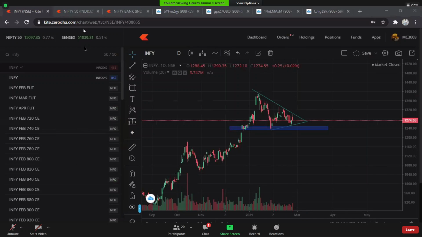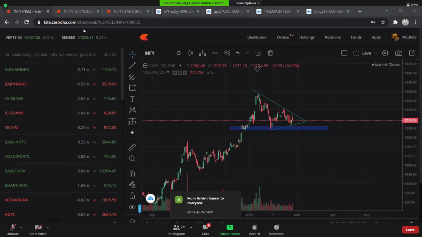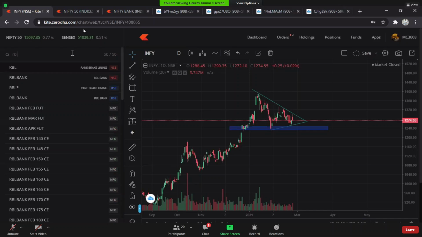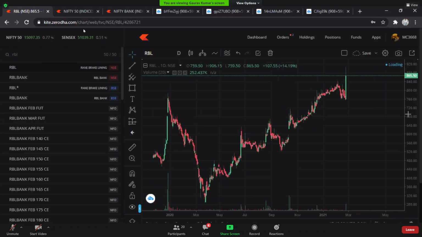Anybody, any other stock you want me to analyze? Same as RBL Bank. So the banking sector is just booming, and I hope it will keep booming. I have got one stock for you.